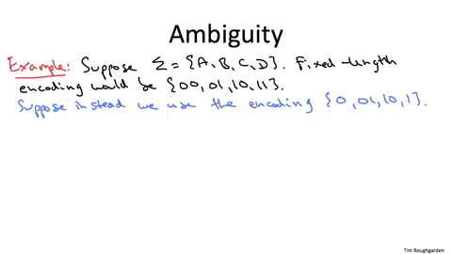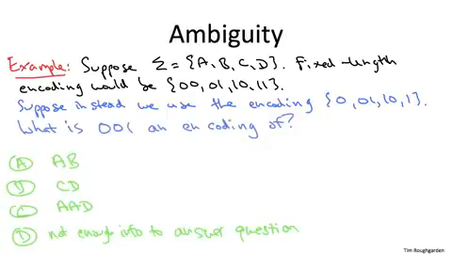But now here's the question. Suppose someone handed you an encoded transmission consisting of the digits 0, 0, 1. What would have been the original sequence of symbols that led to that encoded version? All right, so the answer is D. There is not enough information to know what 001 was supposed to be an encoding of.